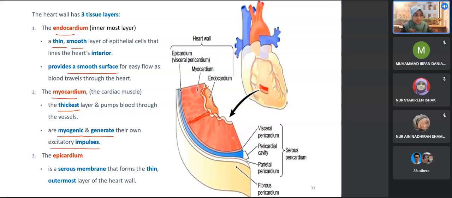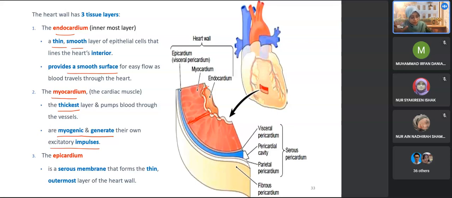So the contraction of the heart muscle is generated by the heart muscle itself, specifically from the initial place that initiates the impulse, the SA node, which is located at the wall of the right atrium.